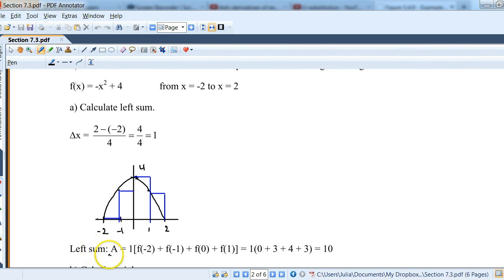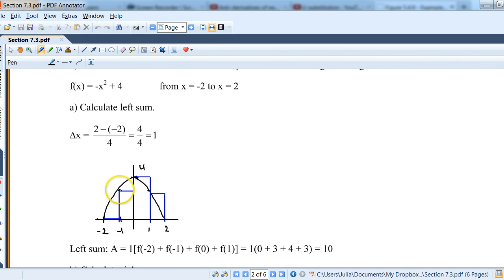So the left sum would be area equals the width, which is 1, that's delta x, times, start with f of negative 2. Now notice negative 2 is touching the x-axis, so the first rectangle is actually going to have height 0, which can happen. So it's really underapproximating. Then you can keep adding width of 1 until you reach 2. So negative 2 plus 1, you get negative 1 as the next one.